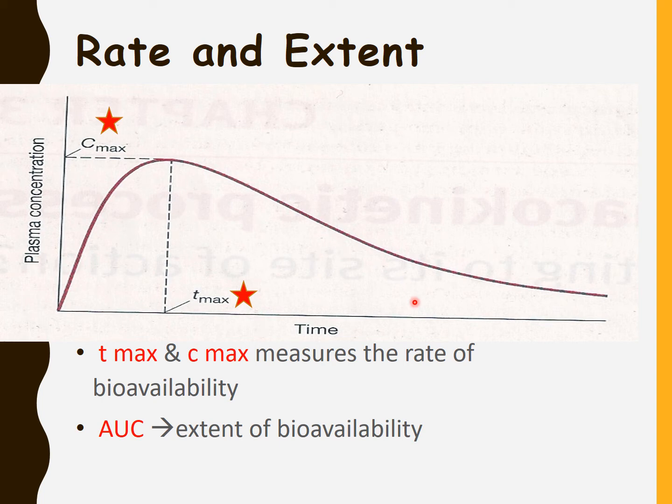So the total area under this curve shows the extent, how much of the drug is absorbed. So we can calculate how much drug is absorbed by this area. This is the total amount of drug absorbed, and Cmax and Tmax give the rate, that is, the speed. How fast it is absorbed we can define from Tmax and Cmax.